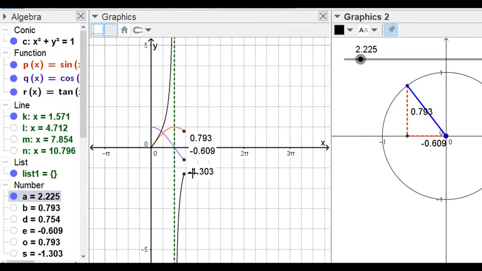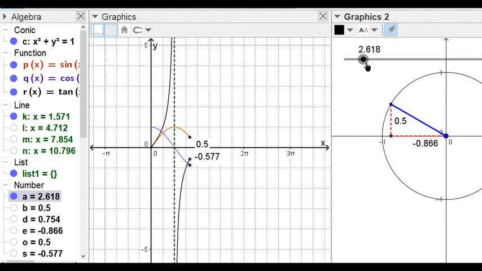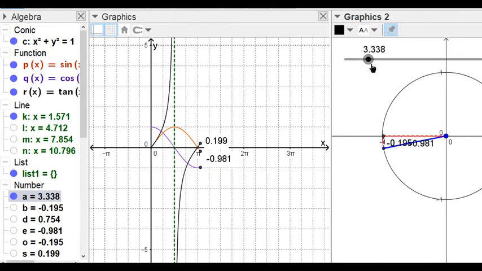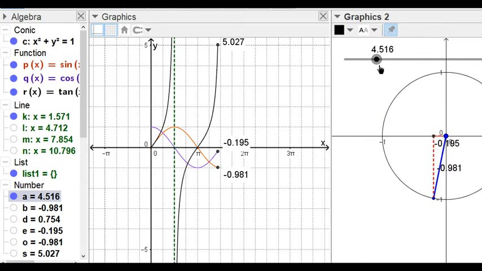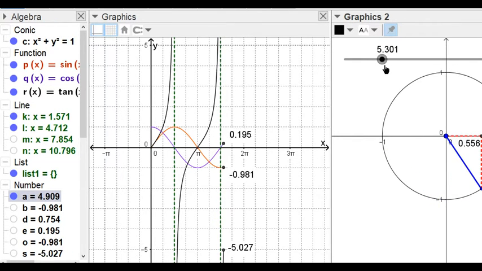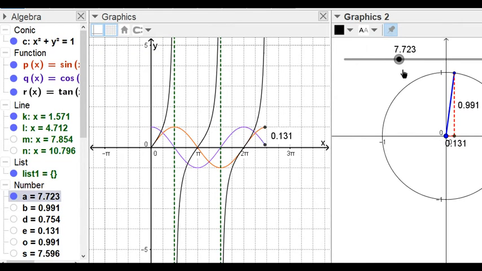And then it's negative. Why is it negative? Because cosine is negative. Sine over cosine is negative, right? Positive over negative. And then watch when cosine becomes 0 again, another asymptote. And then it repeats.